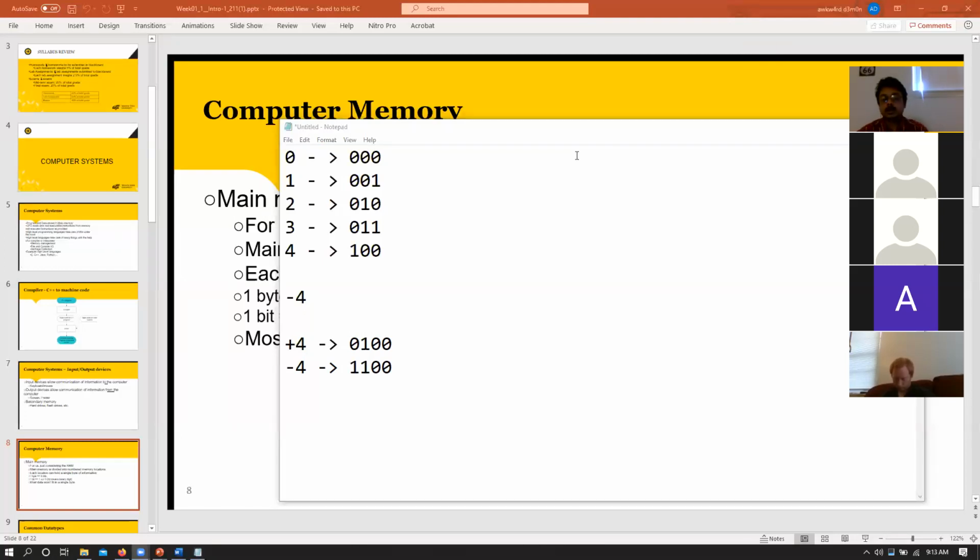Okay. Now I say that you just add a 0 or a 1 in front, and that makes it a positive number or a negative number. And that is true in some respect, but your computer actually stores negative numbers slightly differently.